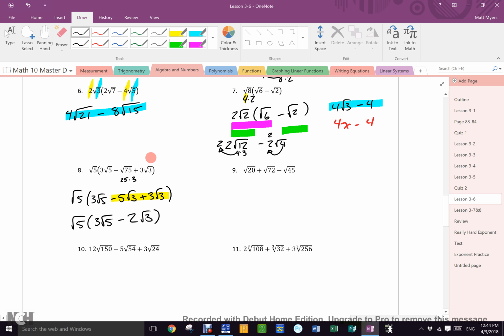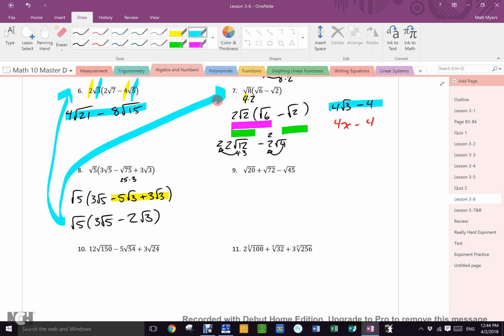And now this looks exactly like what we have just done twice. And it becomes easy. Right? What do I do with the 1 and the 3? It's 3 root 5 times 5? 25.